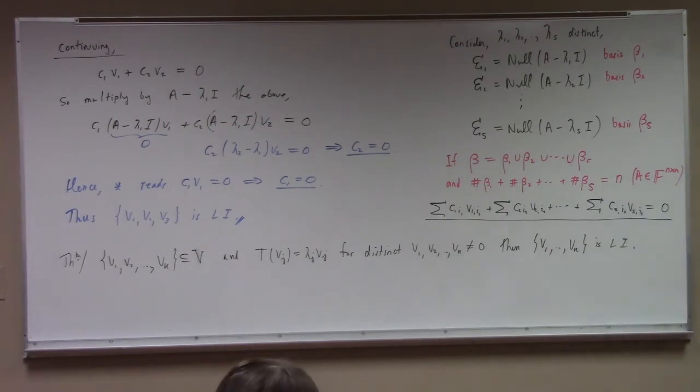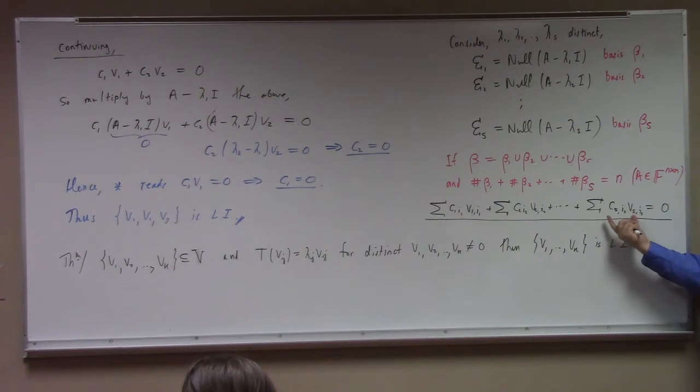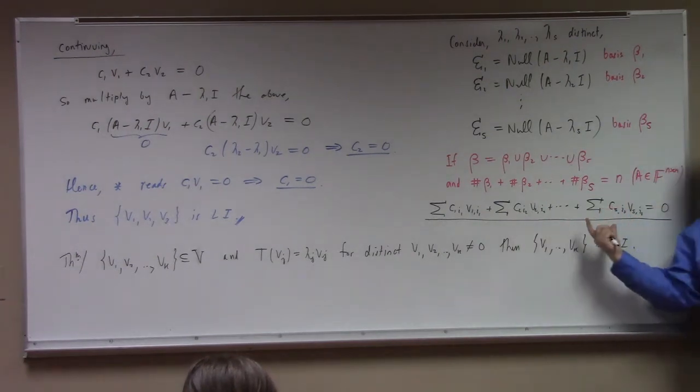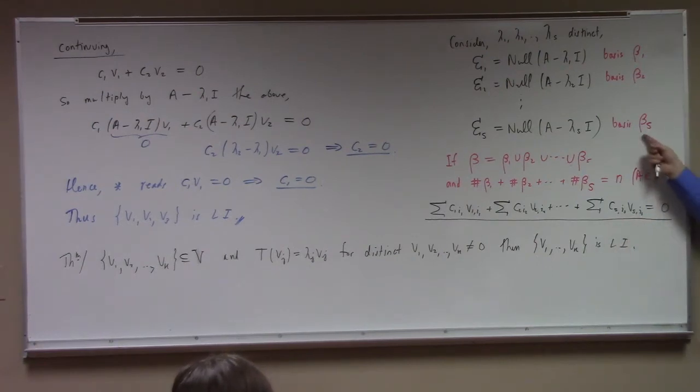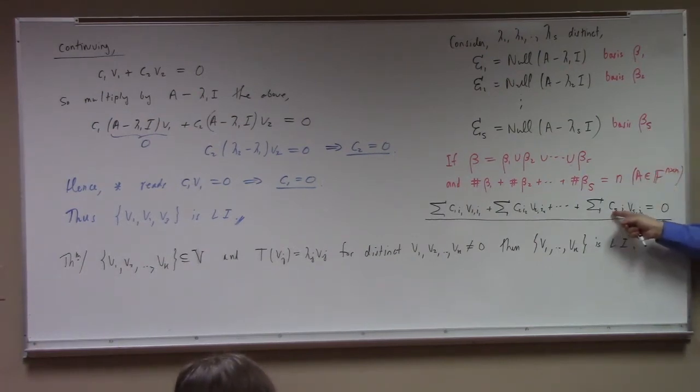You just multiply by the product of A minus lambda 1 I, A minus lambda 2 I, all the way on out to A minus lambda s minus 1 I. So by multiplying by the product of A minus the eigenvalue for everything except for the last one, you can kill off all the sums up to this point, at which point you have that this sum is equal to 0. Then by the linear independence of this basis, you get that those coefficients are 0.